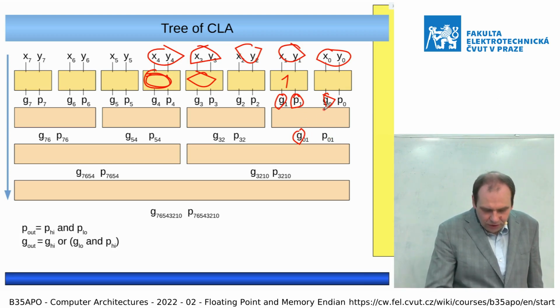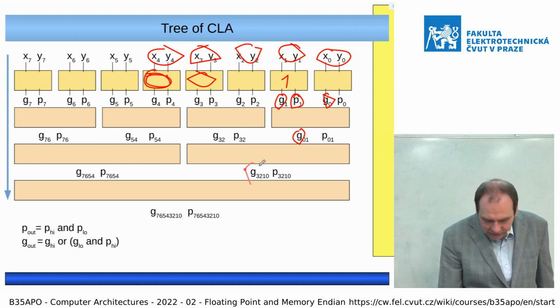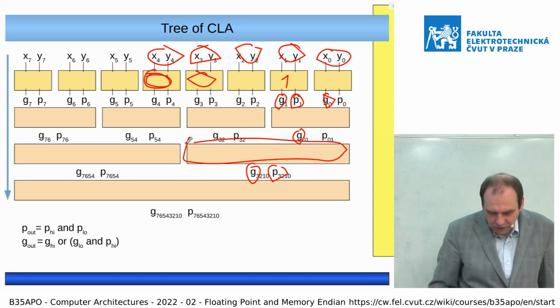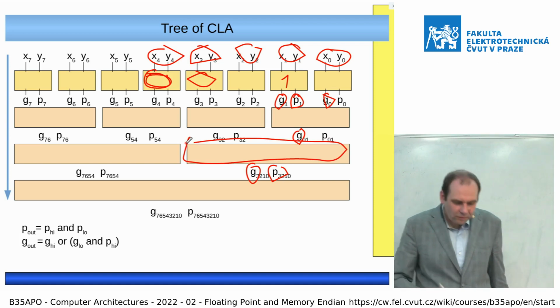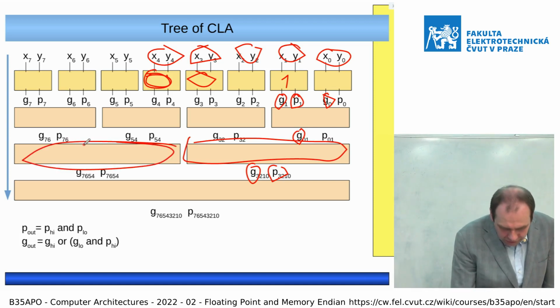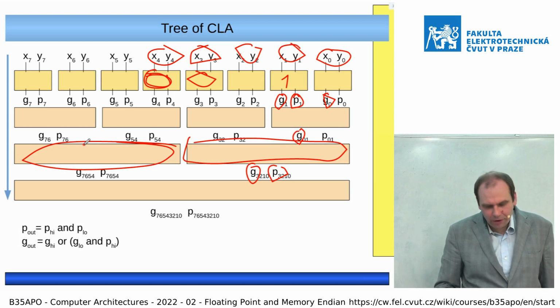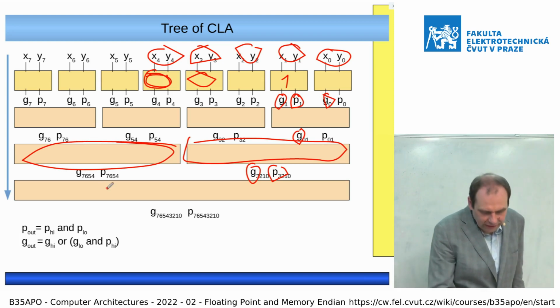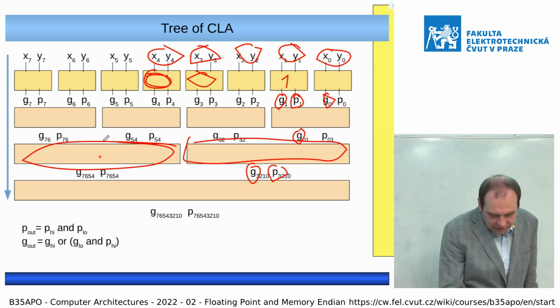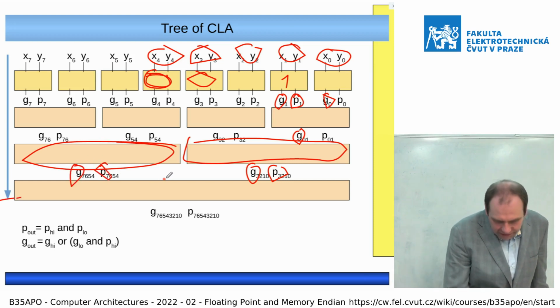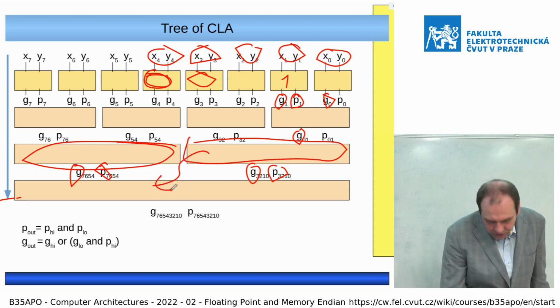You can use more clock cycles or more levels of the logic which propagates and informs that, for example, there is a generation or propagation of the carry from this block of the 4 bits. And again you know this information for those upper 4 bits, and again you know that those can generate or propagate the carry from the lower part.